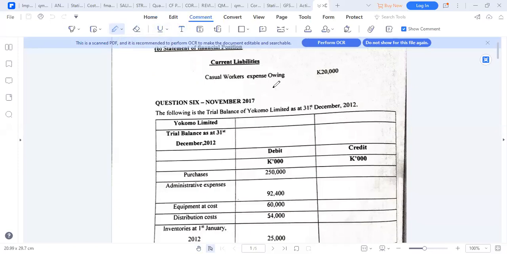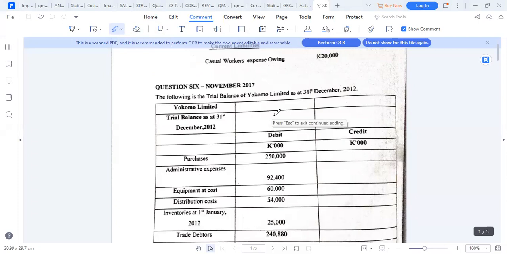So we're getting down to question 6 of November 2017. The following is the trial balance of Yokomo Limited as at 31st December 2012. Like I mentioned last time, the trial balance checks the accuracy of the double entry system to see if the entries were posted correctly.